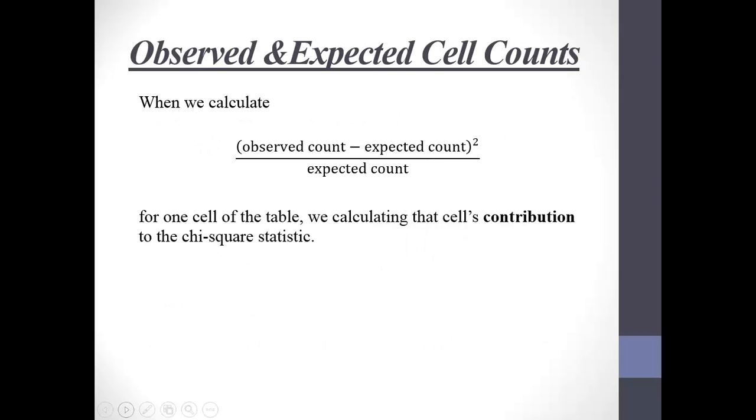Some terminology for you: when I calculate observed minus expected squared over expected for a single cell, I'm calling that the cell's contribution to the chi-squared statistic. I'm adding up a bunch of these contributions from each of the cells. Remember, that's my whole test statistic.